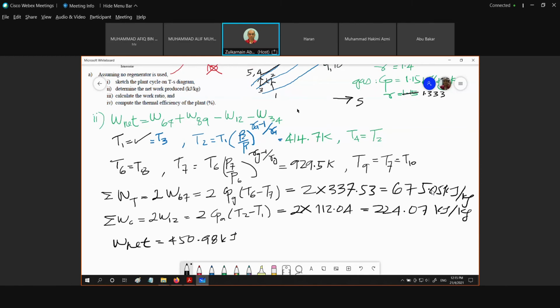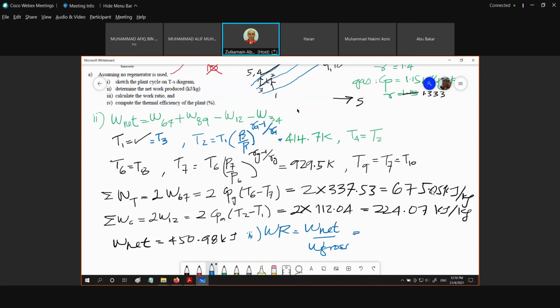And then for the work ratio, for part 3, work ratio is equal to W net divided by the W gross, and the W gross is for both of the turbine work.